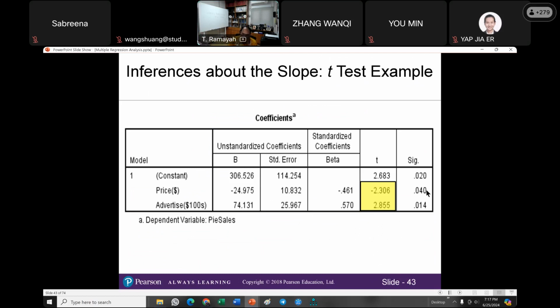So if your hypothesis is a one-tail hypothesis, you need to divide this by 2. 0.02 divided by 2, you get 0.01. 0.014 divided by 2, you get 0.007. That you need to do manually. So those are the values that we will interpret for individual variables, whether they are significant or not.